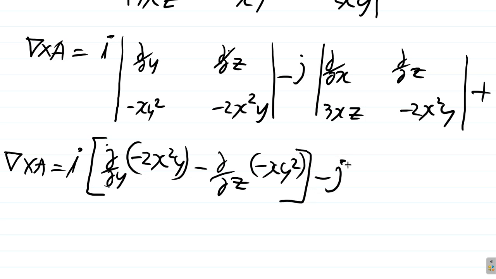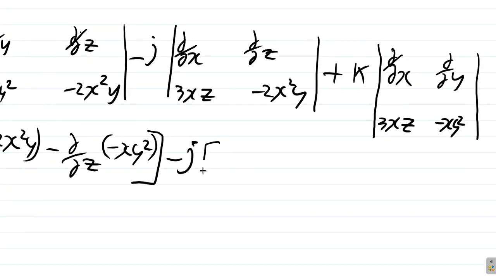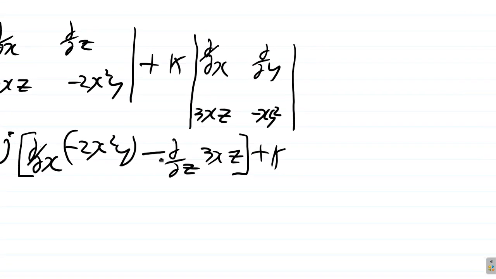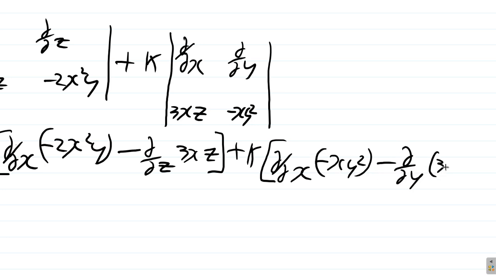Minus j times partial by partial x of negative 2x squared y minus partial by partial z of 3xz. Plus k times partial by partial x of negative xy squared minus partial by partial y of 3xz.